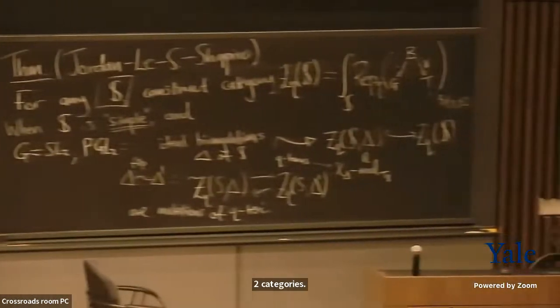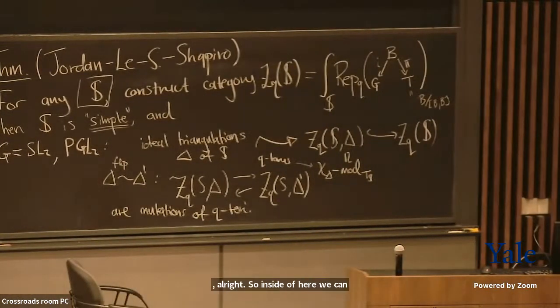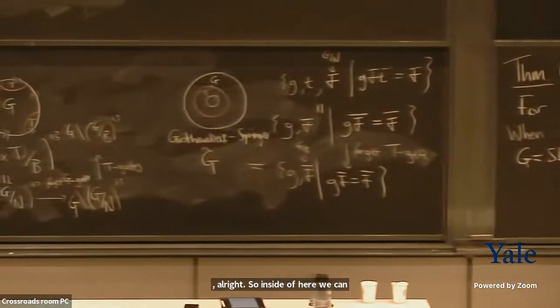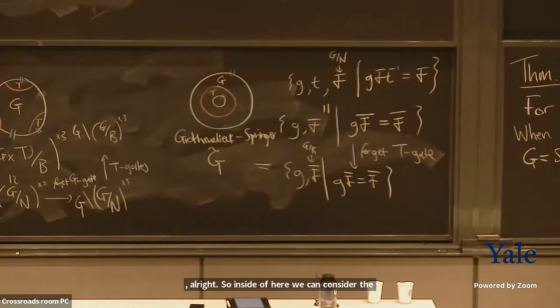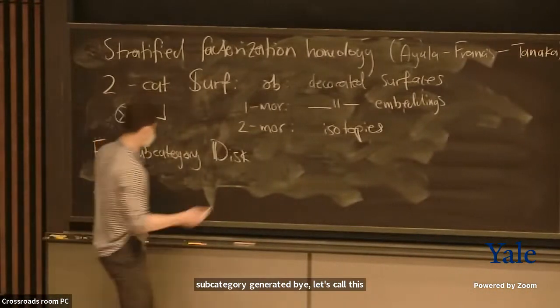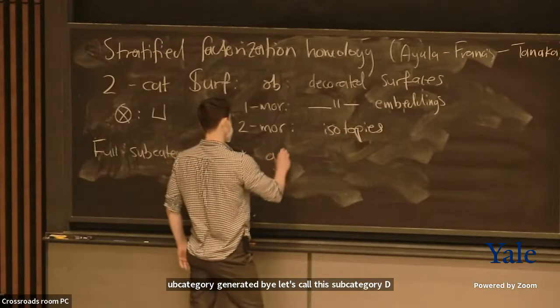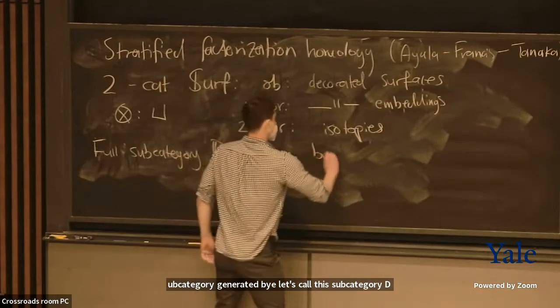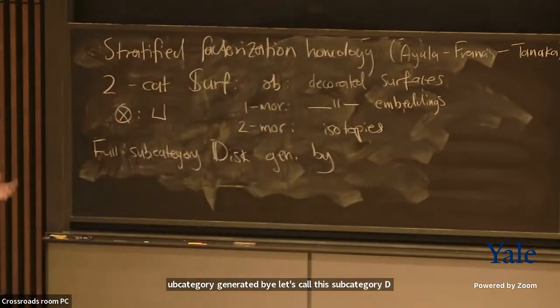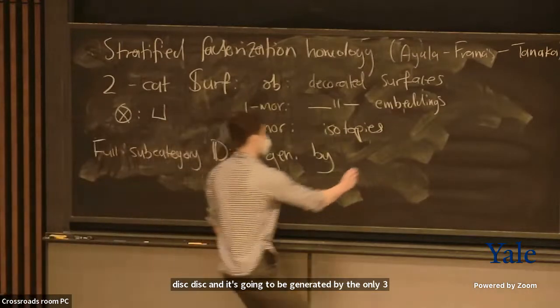So inside of here, we can consider the full subcategory generated under these disjoint unions by, let's call this subcategory D, the disks. And it's going to be generated by the following three basic disks.